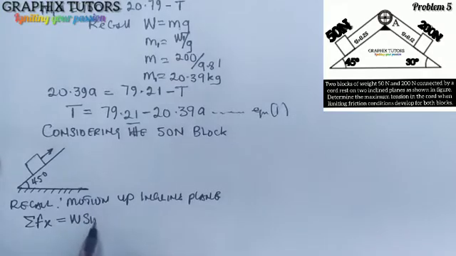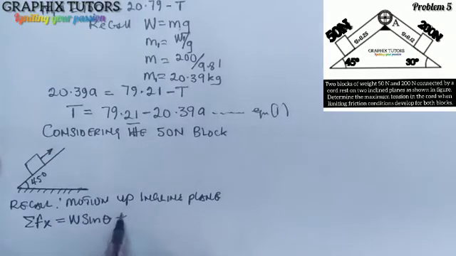W sine theta plus, it becomes plus now. The first one was down, so it's negative. This one is up, so the plus, then mu w cos theta, right?